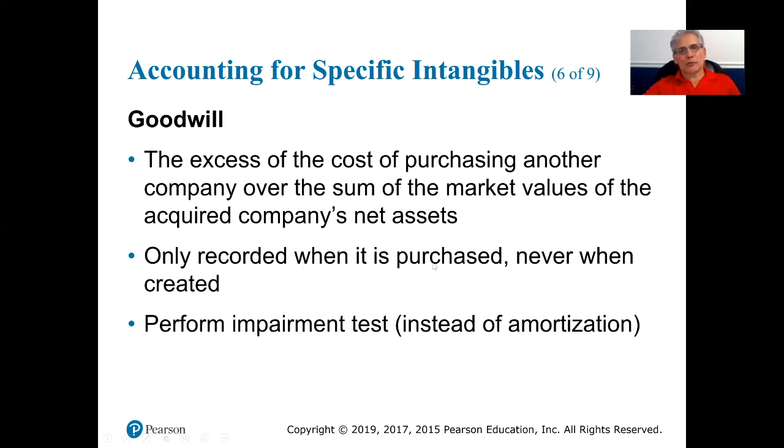Goodwill is only recorded when it is purchased, and this is something that is not amortized. It's only written down when there's an impairment. So as an example, let's say you bought that store right across the street from Tulare COS. The store is doing all right, and then Tulare COS shuts down.